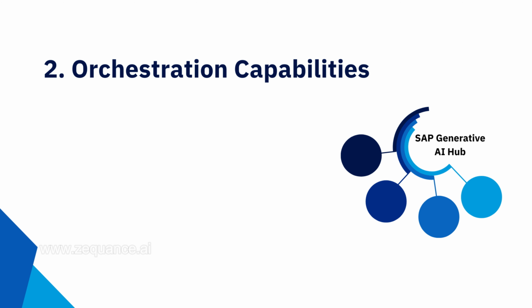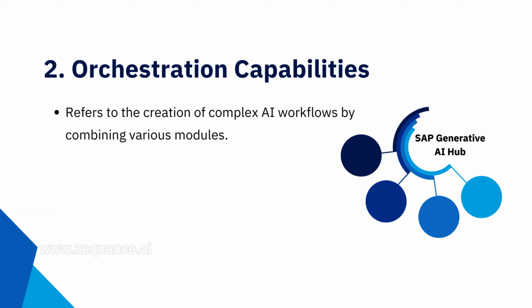Another core feature of SAP Generative AI Hub is its orchestration capabilities. Orchestration fundamentally means planning or coordination of the elements to produce a desired effect. From an AI perspective, the Generative AI Hub's orchestration capabilities refer to the creation of complex AI workflows by combining various modules such as prompt templating, content filtering, grounding, and data masking.